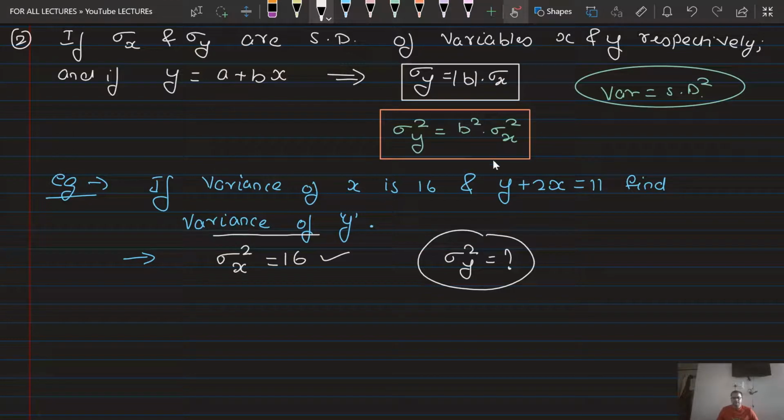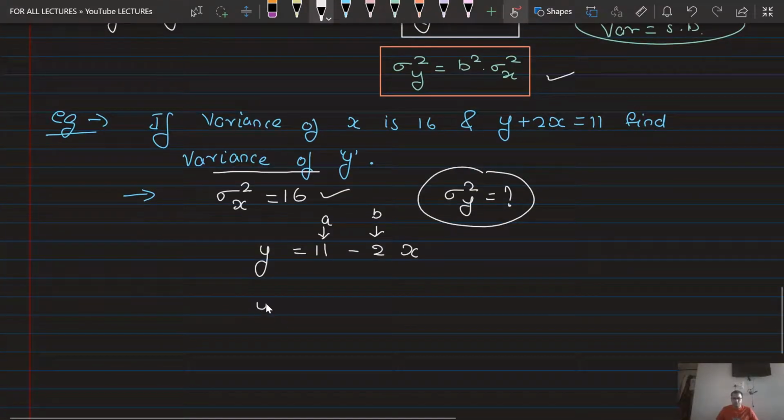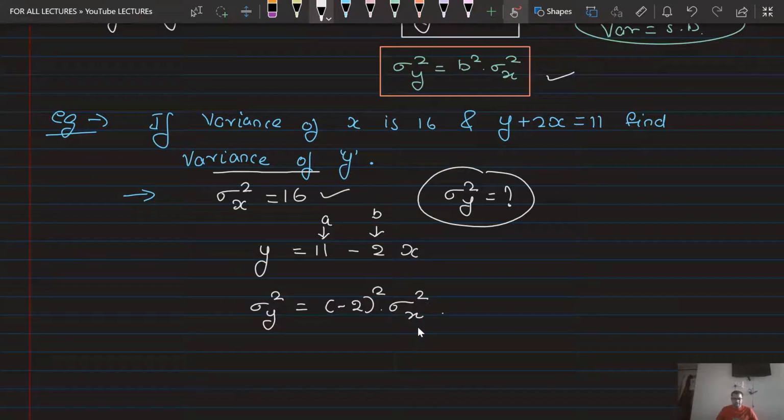Okay, I will use this formula. In order to get this, I get over here y is equal to 11 minus 2x, this is a, this is b, so when I substitute, it becomes sigma square y is equal to minus 2 square sigma square x.